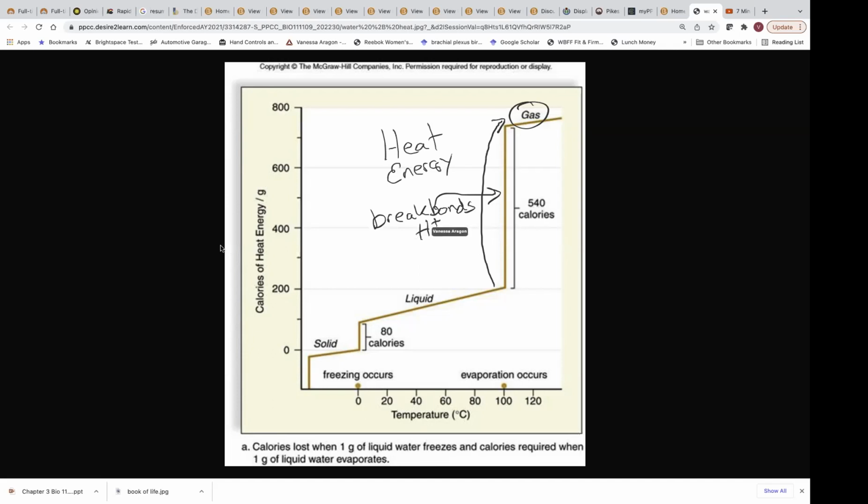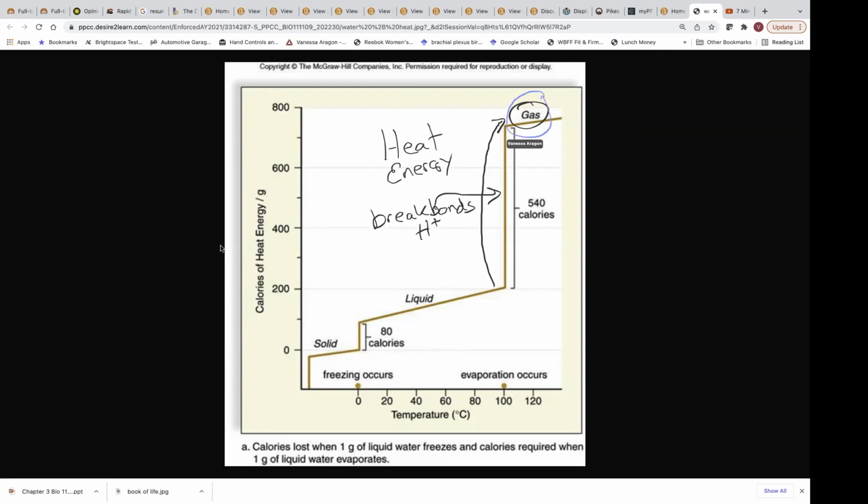All righty. Now, let's go the other way. I'll use blue instead. Whenever you want to change gas into liquid, condensation happens.